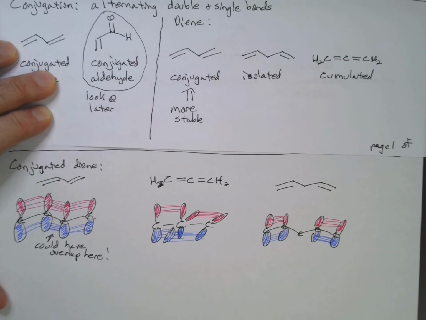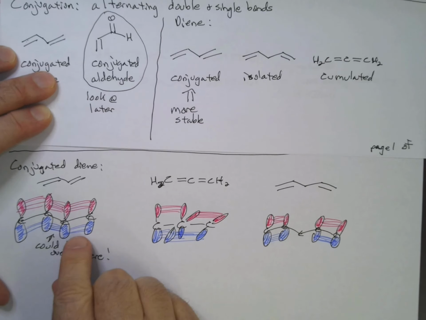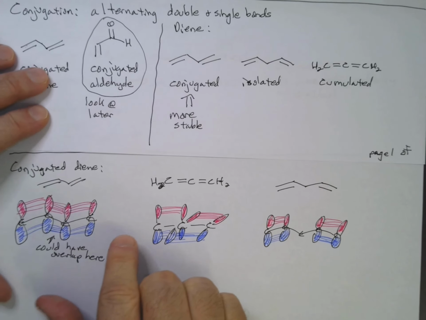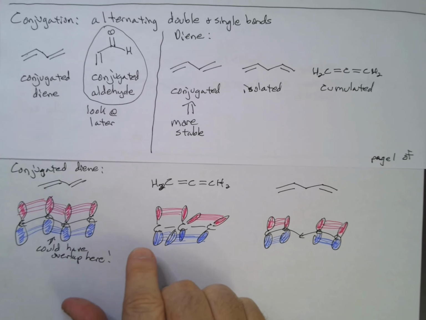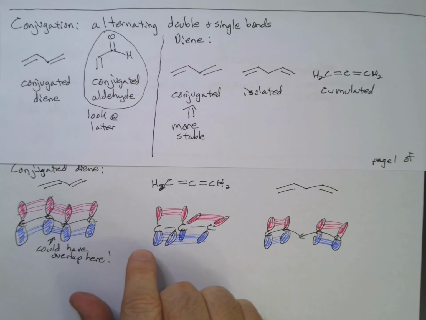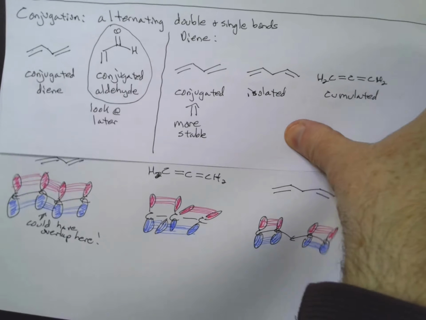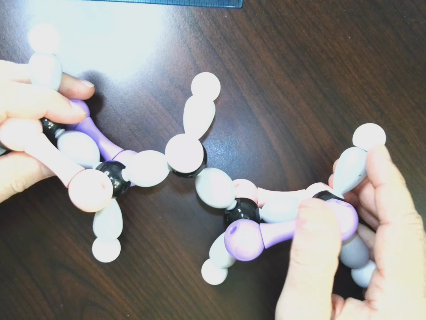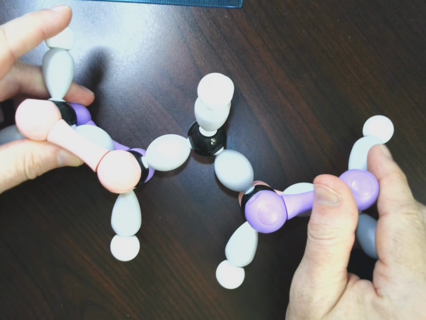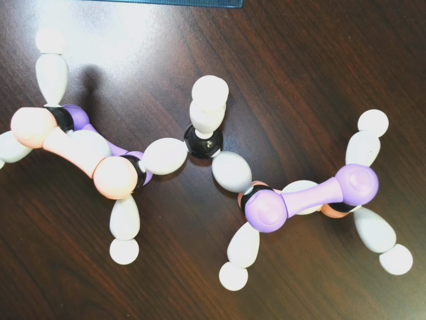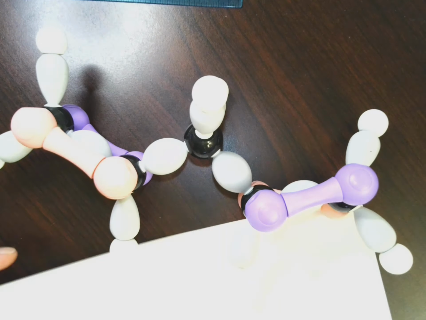I have some models here to sort of show a little better than my not very great artwork. So let me first show you the isolated. Let's see if I can get this in here. That's a little bright, the light is reflecting a little bit.